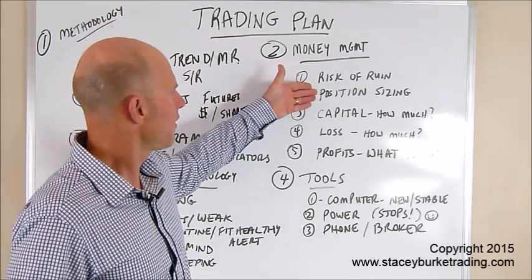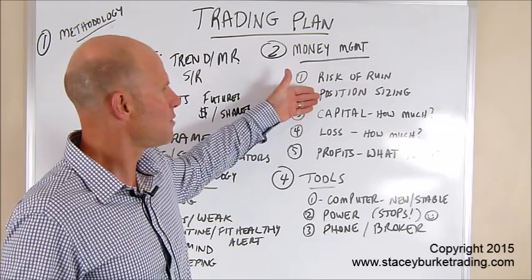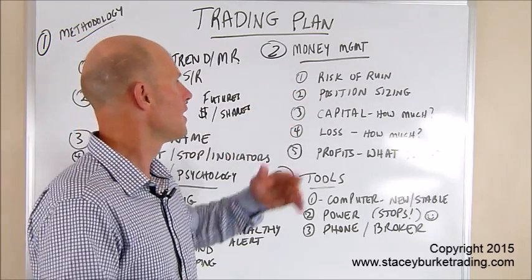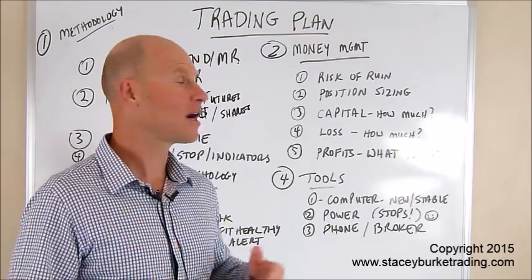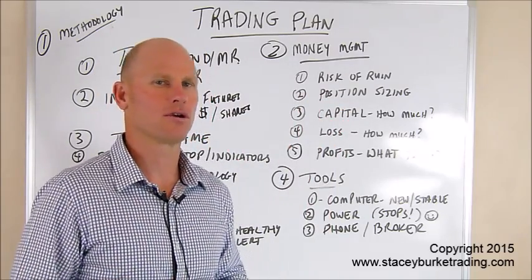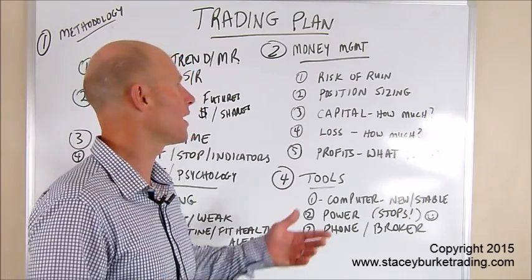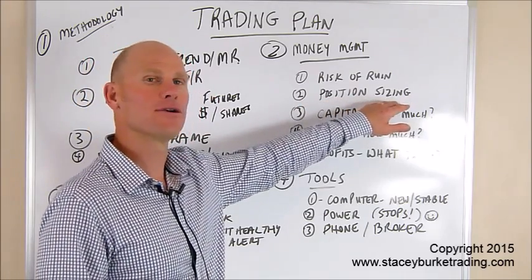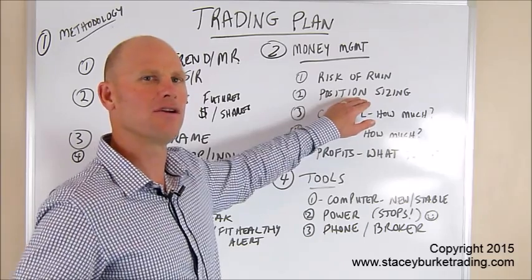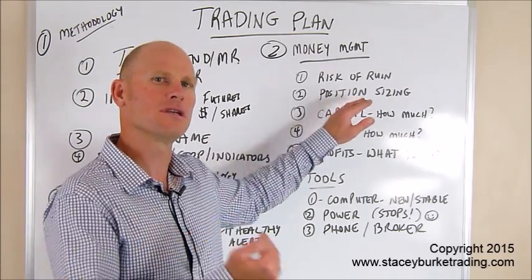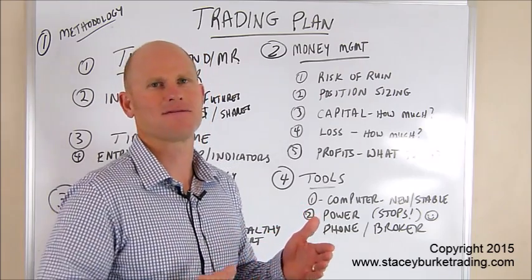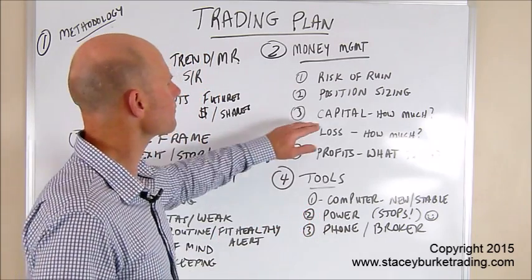So from there, you'll need to have position sizing that coincides with your stop loss. So is it a capital-based stop loss? Is your position sizing going to be 0.5% of your trading capital on each and every trade? These are all things you'll need to understand so that essentially you're not destroying your trading account if you go into a drawdown or into a successive number of losing trades in a row.